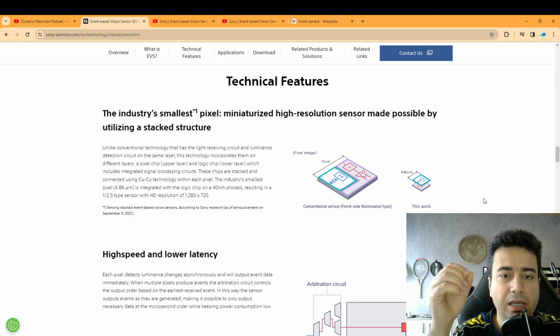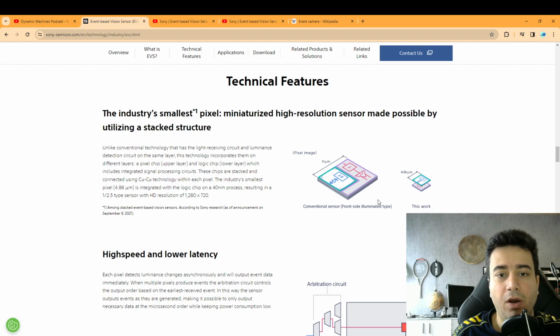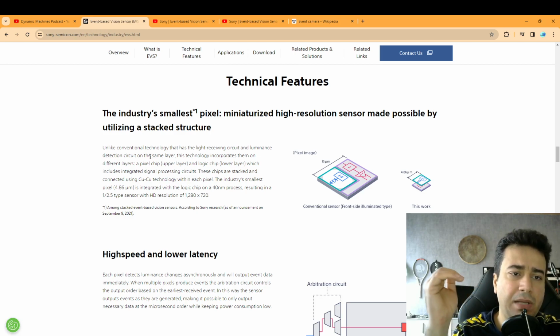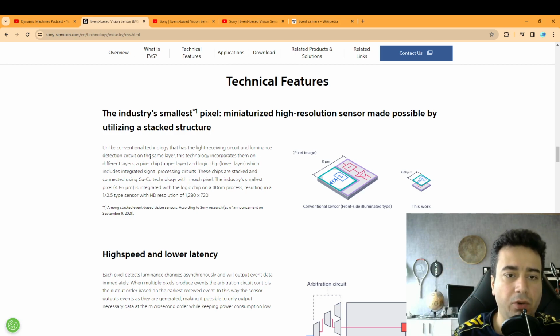So basically, what I have seen is that, unlike conventional technology that has the light receiving circuit and luminance detection circuit on the same layer, this technology incorporates them on different layers, a pixel chip as an upper layer and a logic chip as a lower layer, which includes integrated signal processing circuits.